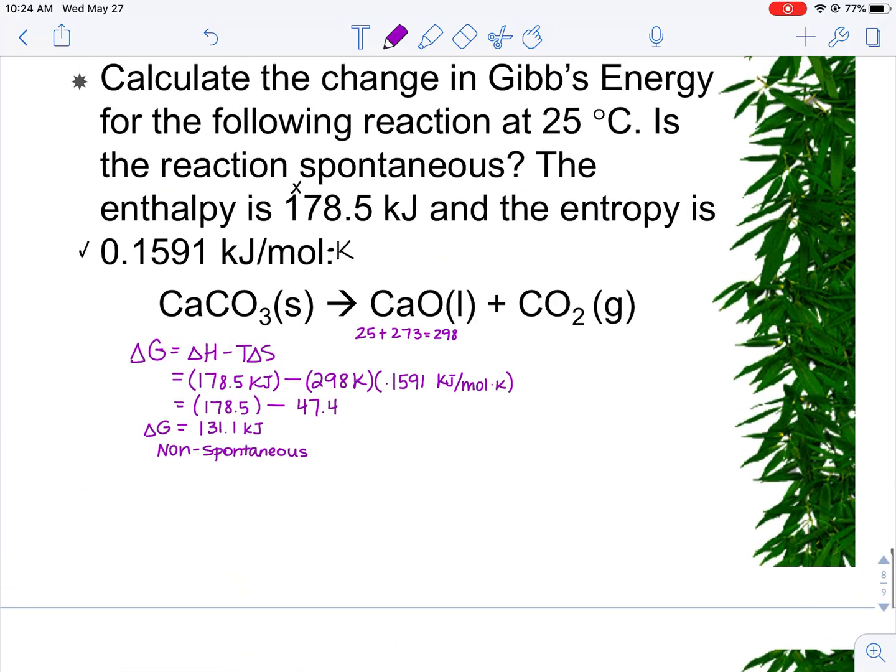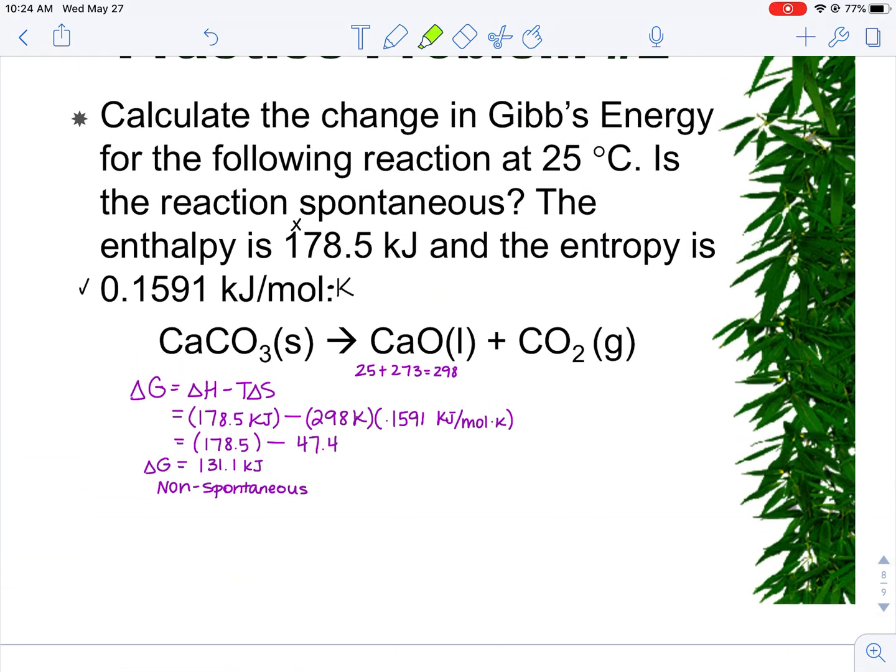So getting back to that question about favorability, we had enthalpy, which was not favorable, and entropy that was, and you're like, well, which is going to dominate? If you didn't notice as we were doing the math, it really all depends upon the temperature.